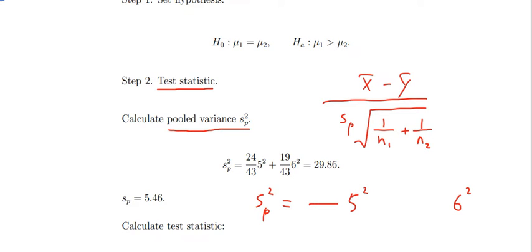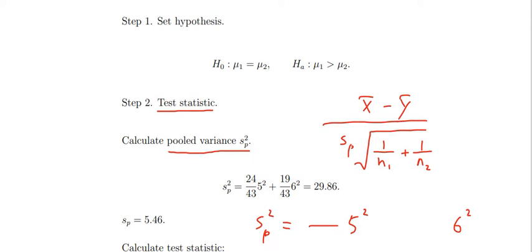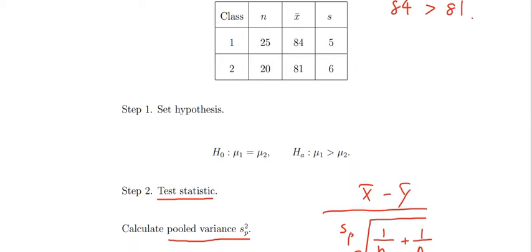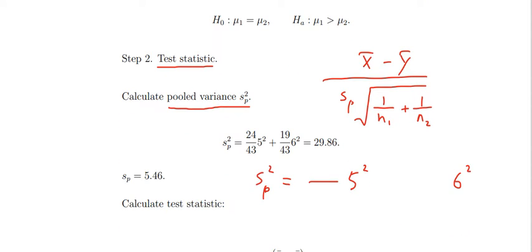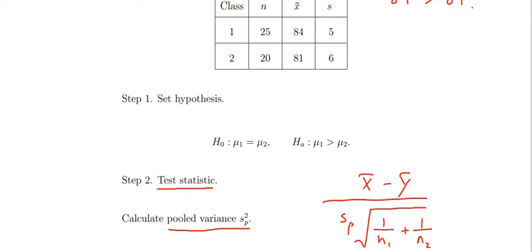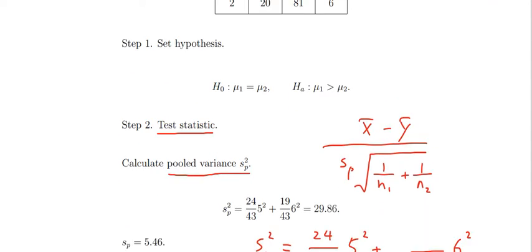For this 5 squared variance, the degree of freedom is n minus 1, 25 minus 1, which is 24. And for this one, the degree of freedom is 20 minus 1, 19.